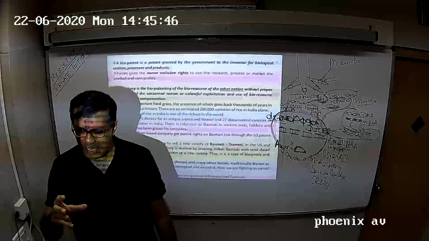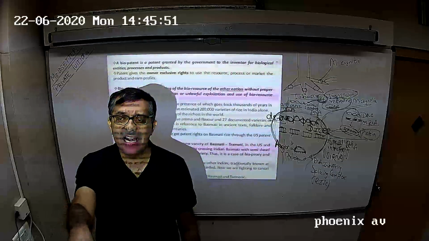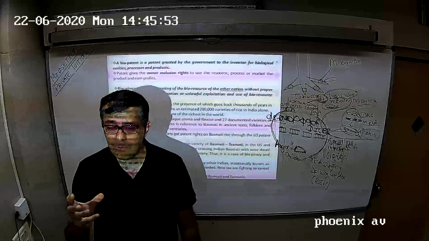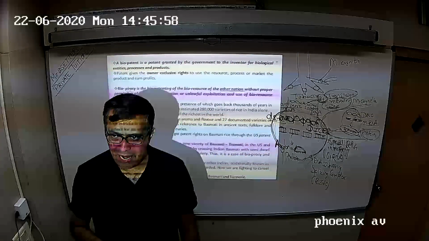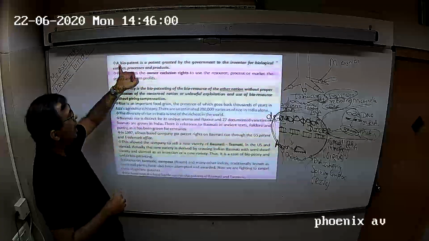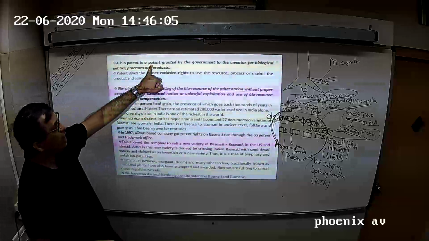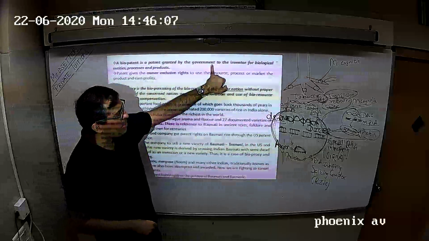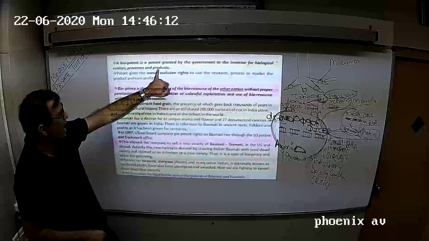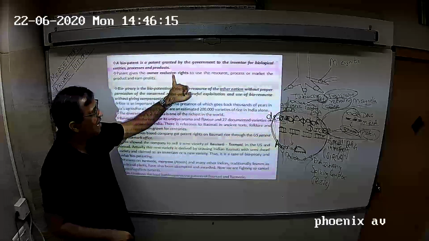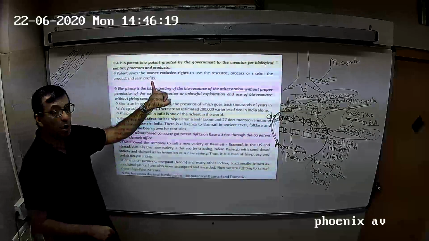Sir, whenever a new technique is made, first when recombinant DNA technology was made, or first when human insulin was made using DNA recombinant technology, then sir, a biopatent is given to the scientist or the company, which is a patent granted by the government to the inventor for the biological entities, processes and products, and patent gives the owner exclusive rights to the resource, process or market product and earn profit.